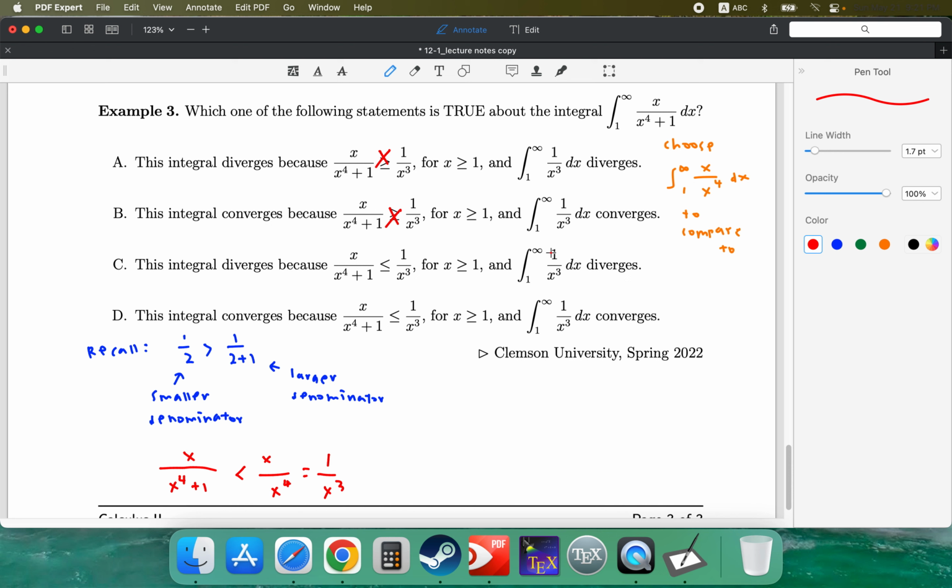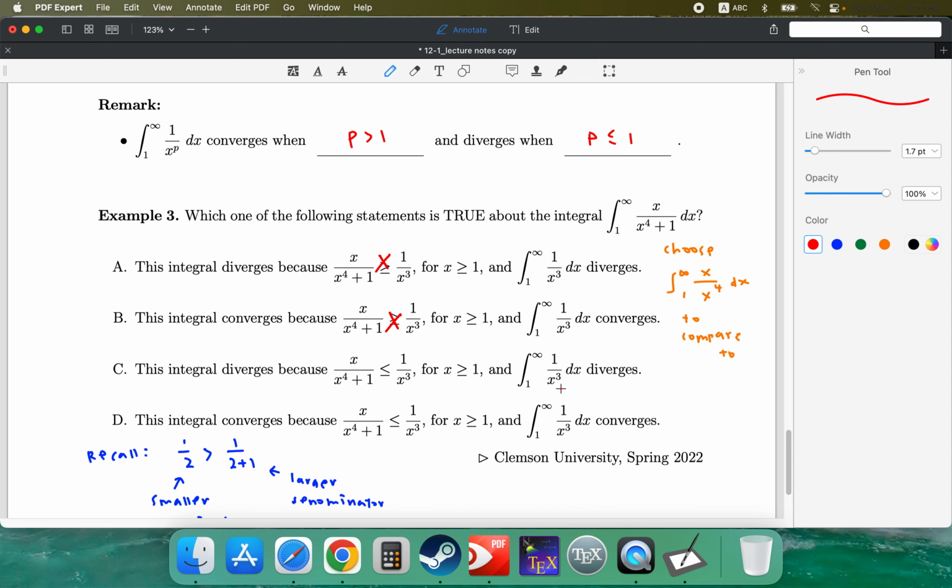Next you have to determine whether the integral you chose is convergent or divergent, and we have to use our remark right here. Notice that this is an integral of 1 over x to the pth power, and here the p value is 3.